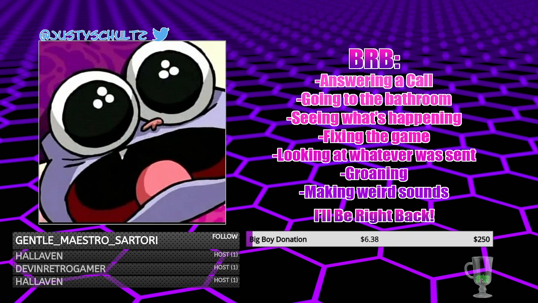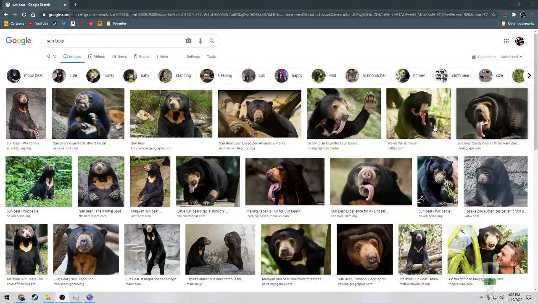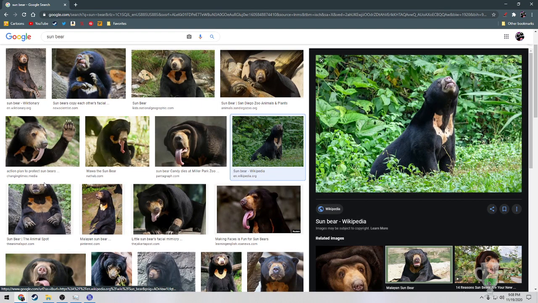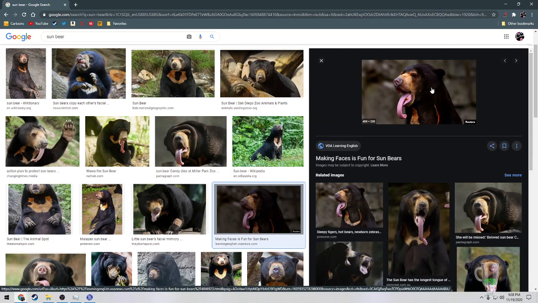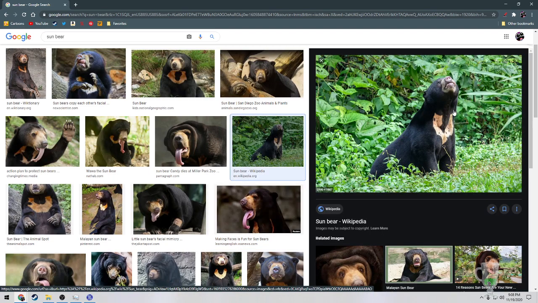Oh boy. I may have been a bit wrong. Look at all these gross bears. That just looks like a dog. These are the dog animals. That one looks like an actual bear. This just looks like a dog pig.